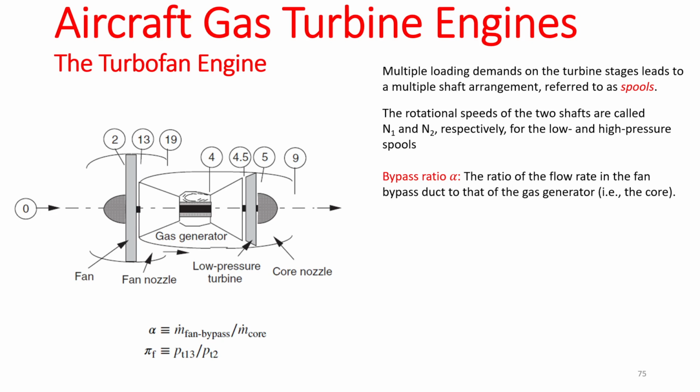Okay, but we have two main parameters in a turbofan engine that are not present in a regular jet engine. The first one is the bypass ratio, which is the ratio of the flow rate in the fan bypass duct to that of the gas generator, the core. So the mass flow rate of the bypass divided by the mass flow rate of the core. Okay.